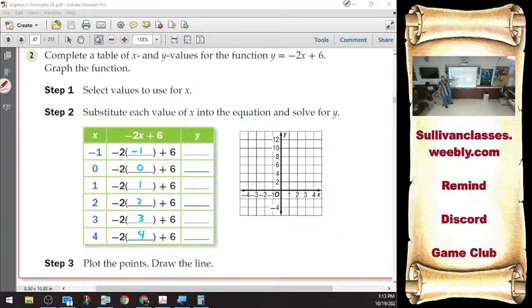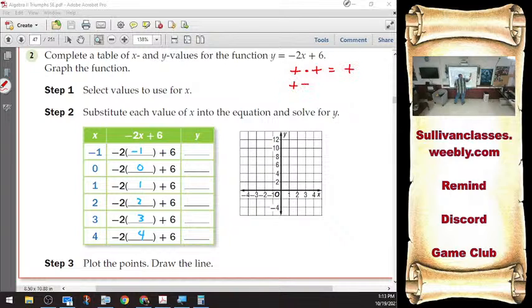what is -2 times -1? No. Times, not adding. -2 times -1. +2. Oh, do we need to go off to the side? Remember, positive times positive is what?